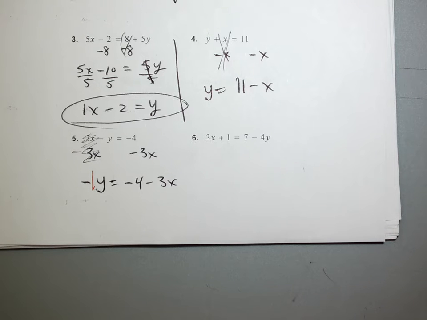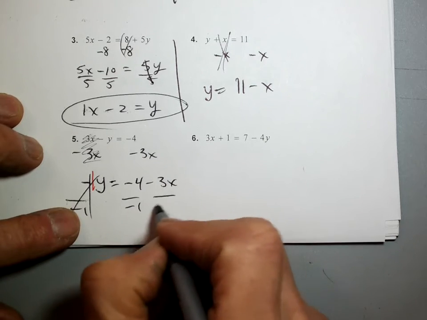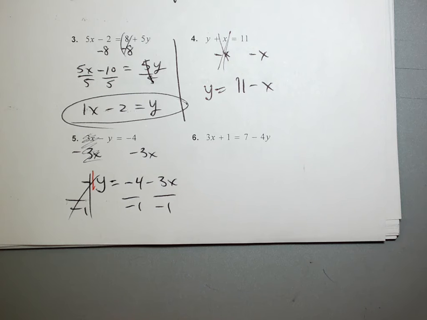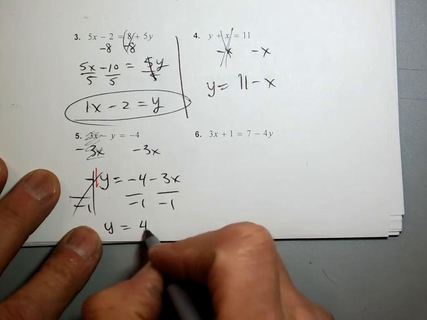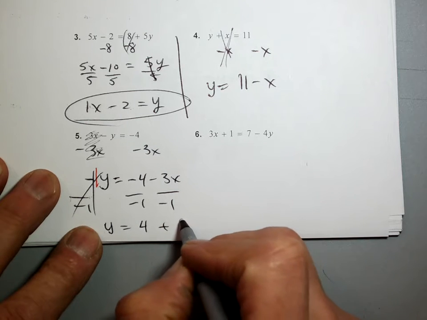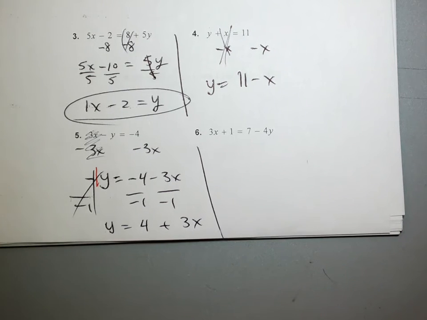Divide by negative 1, everything. So I'm left with y equals a positive 4 plus 3x. This is a hard topic, but if you just remember, only put things together that are the same.